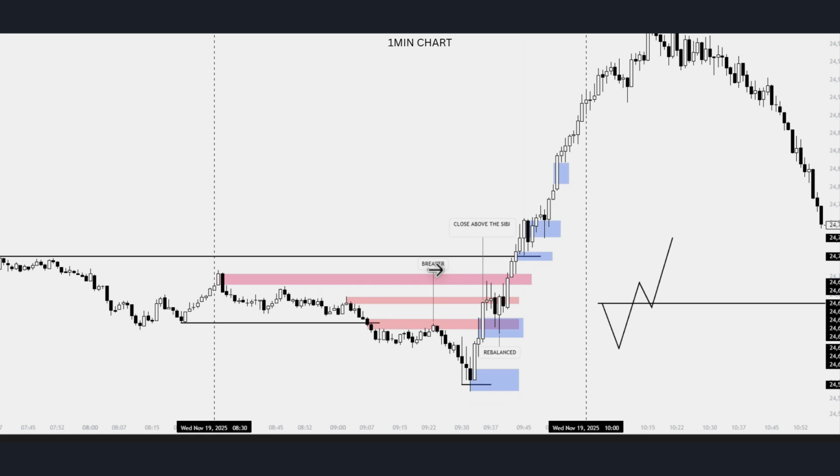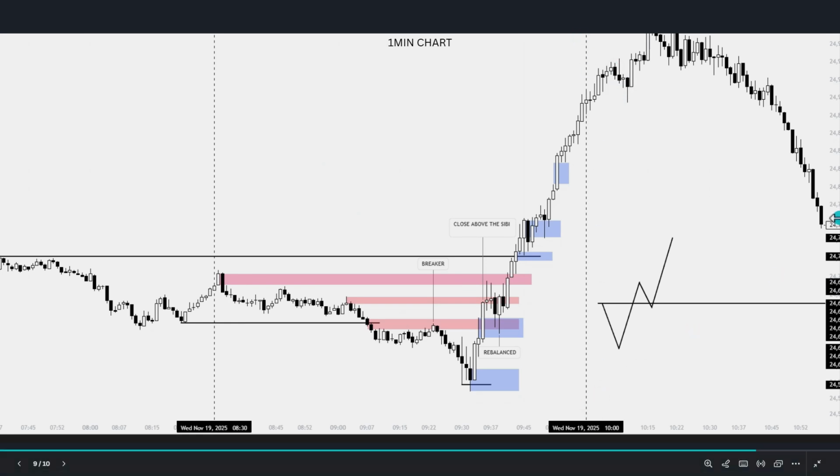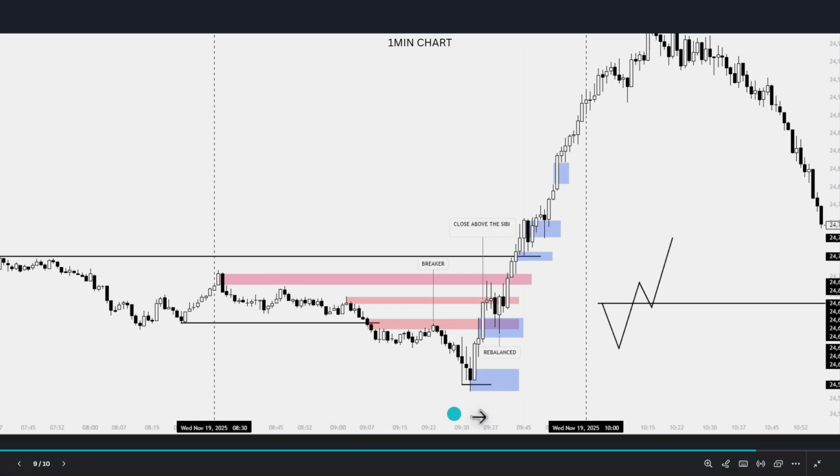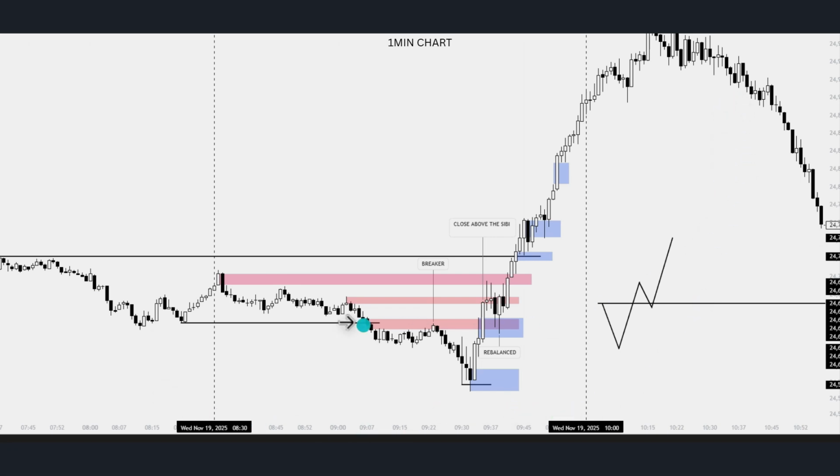Here we are on a 1-month chart. I've plotted out a 90-minute cycle. And you can see this is the sell side of the curve, and this is the buy side of the curve. I marked out certain highs, and one of the imbalances, a breaker and a swing low.